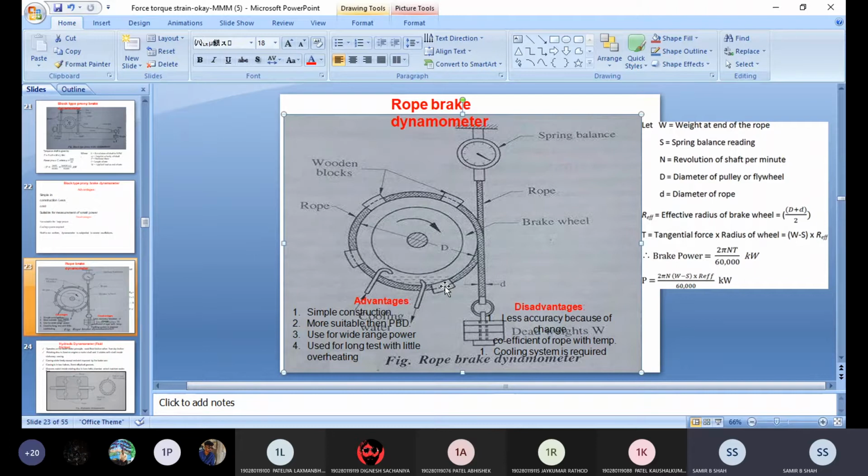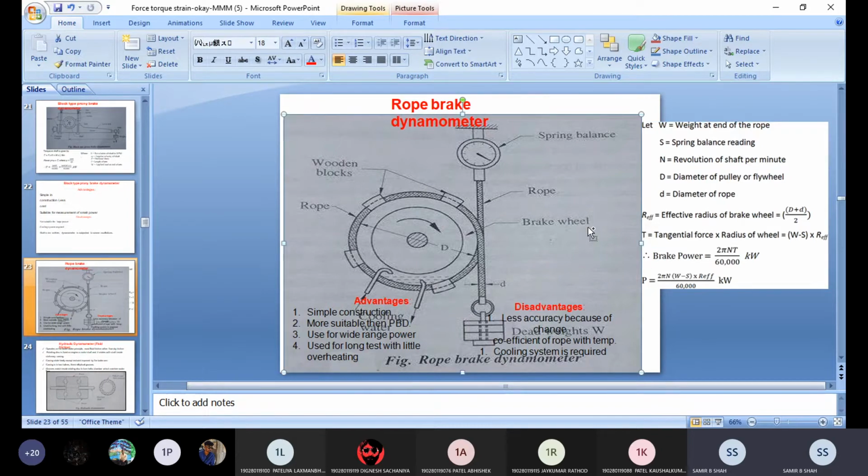So the pulley is provided with internal flanges on the rim. It forms a channel for the flow of water to cool the pulley and drum. These dynamometers are commonly used for the absorption of a wider range of power. We have this kind of arrangement in our laboratories, so we will definitely show you that arrangement.